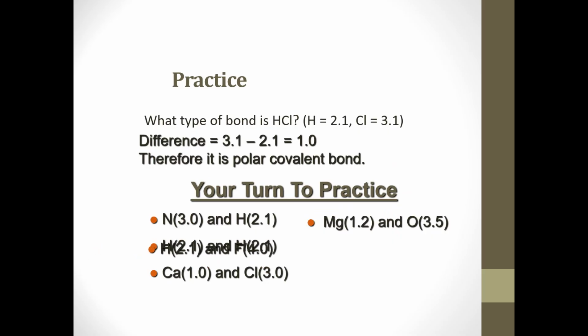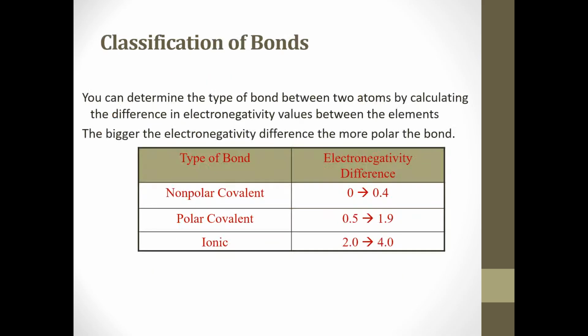Last one. How about hydrogen and fluorine? Hydrogen is 2.1 and fluorine is 4. That difference is 1.9. A 1.9 difference means that is going to be a polar covalent bond, a very polar covalent bond. So the top end.